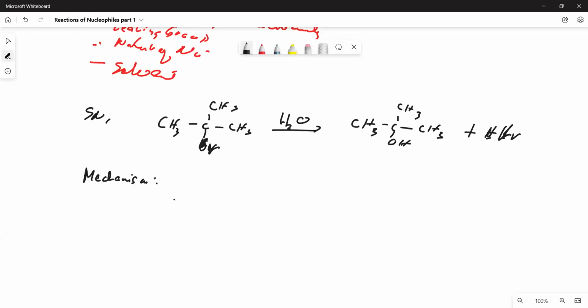For the mechanism of the reaction, it involves more than one step. So it's not concerted. It's not concerted.